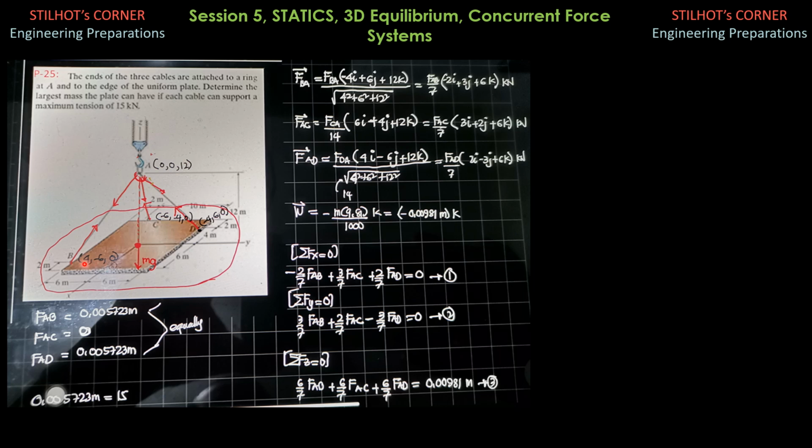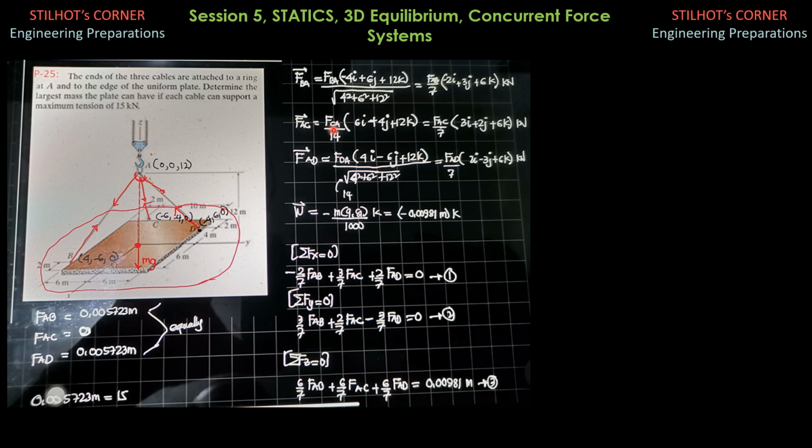So this is 4, negative 6, 0, so that FBA is 0 minus 4, so negative 4i, 0 minus negative 6, so positive 6j, then 12 minus 0 is positive 12k. So that's it. So this is FBA or FAB, it's the same as long as it is tension force.